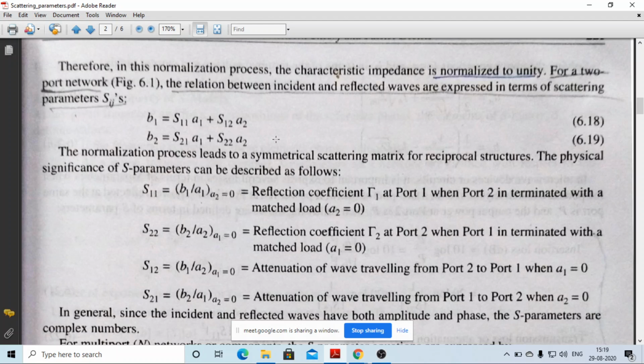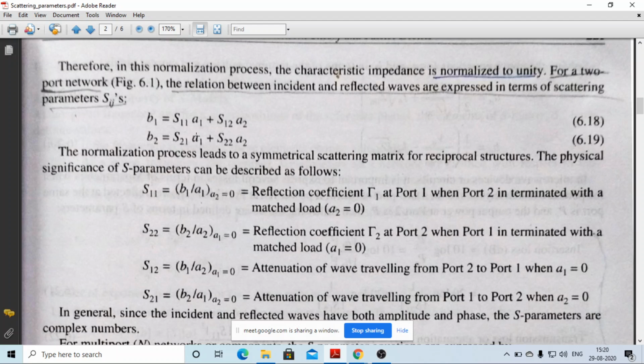But since in other parameters we have voltage and current, we can easily understand the meaning of V and I. Here we need to understand the meaning of B and A, because these two equations are given in the form of B1, A1 and B2, A2.